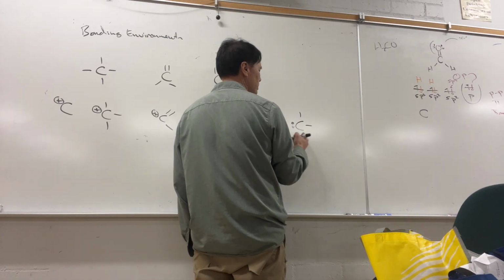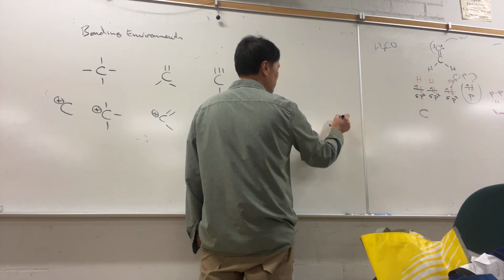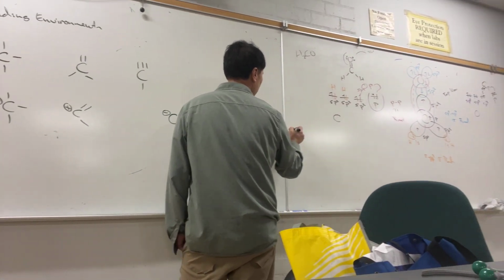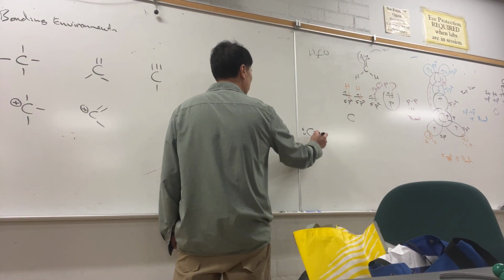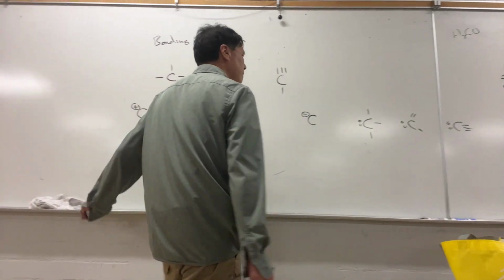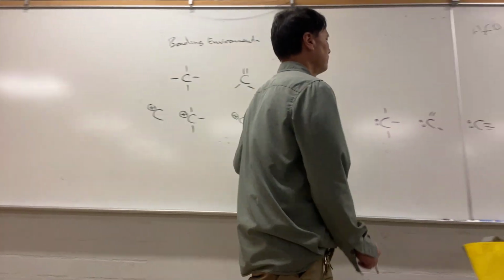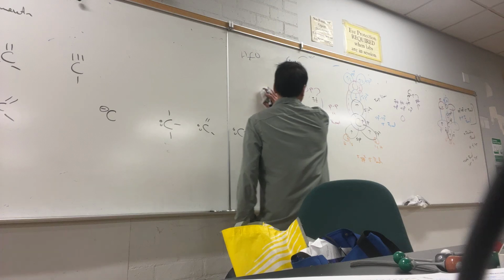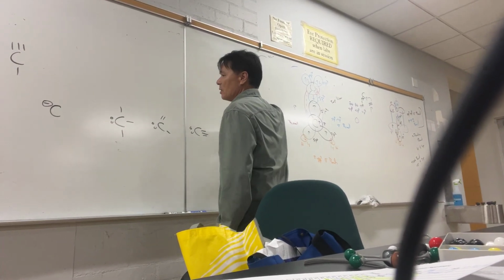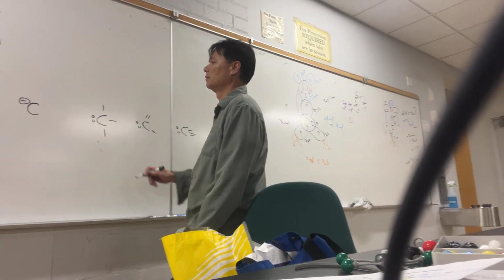This is just plain carbon. And then we have a carbon radical. The carbon radical could be 3 singles here, a double and a single, or a triple. That would be a radical. There's no formal charge on that.